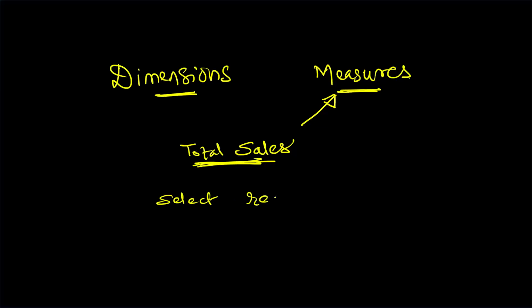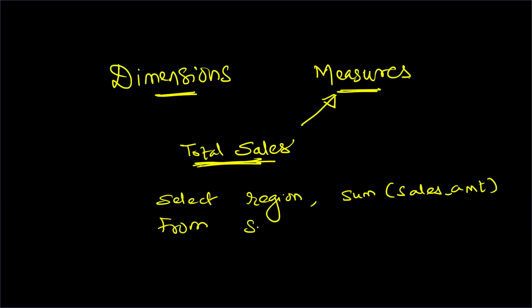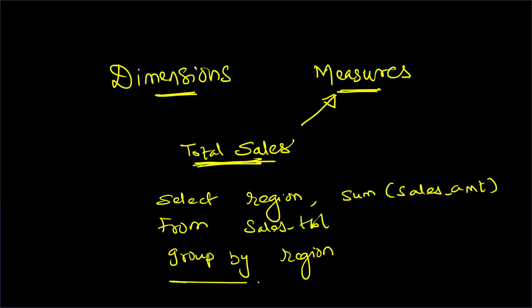Select region, comma, sum sales amount from sales table, whatever is the table name, group by region. Group by. What you are saying is I am looking at the sales value by region.